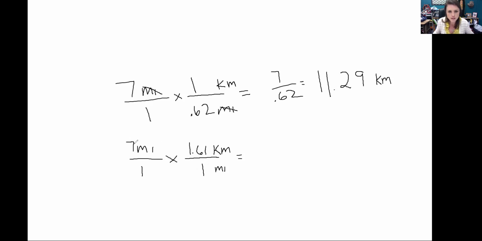So now I'm going to just cross out my miles and I'm going to multiply 7 times 1.61. When I do that, I get 11.27.